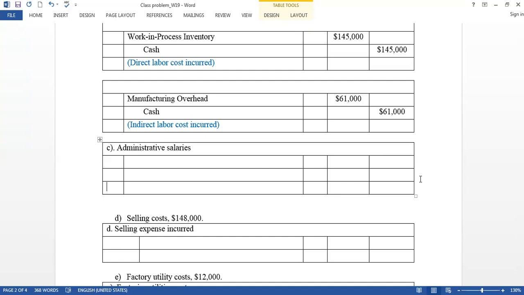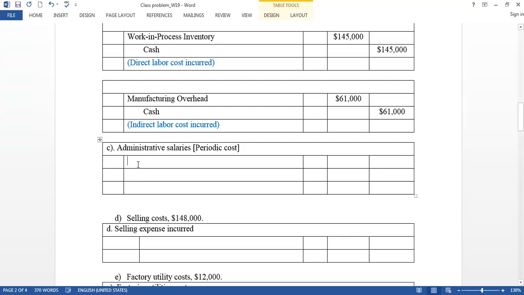Those are the indirect. But here we have another term, administrative salary. You know that administrative salary is not related with factory. This is called periodic cost, right?